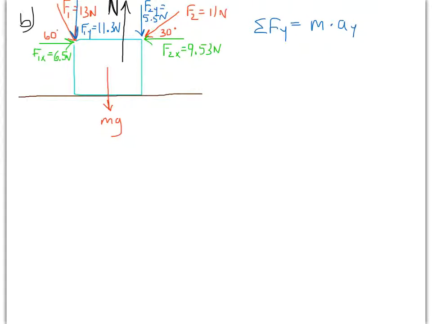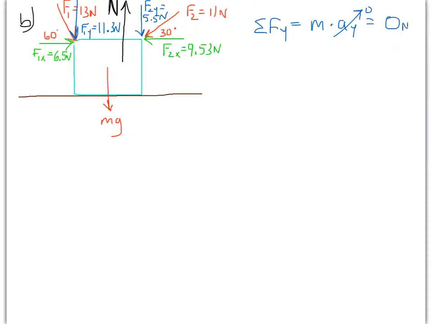Well, like I said in the previous segment, how is the block of ice accelerating in the y direction? The answer is it's not. It's not flying up off the table. It's not sinking down into the table. It's not breaking the table. So that, being 0, is going to cause the whole net force in the y direction to be 0.